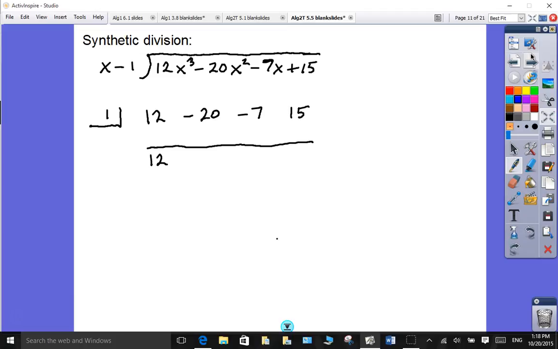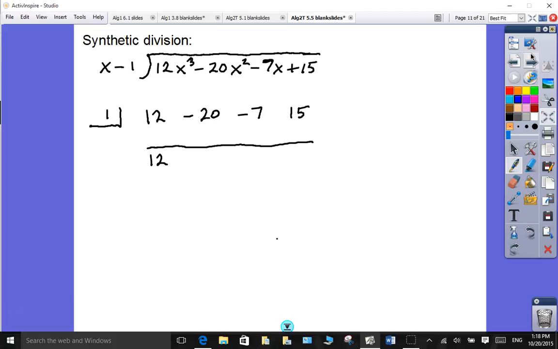We were dividing by x minus 1, but I put positive 1, because what am I really putting there? The zero, not the coefficient. What is it that I would plug in for x to make this equal to 0? Positive 1. So whatever you're dividing by, if that's a negative, then that's a positive. If that's a positive, then that's a negative.